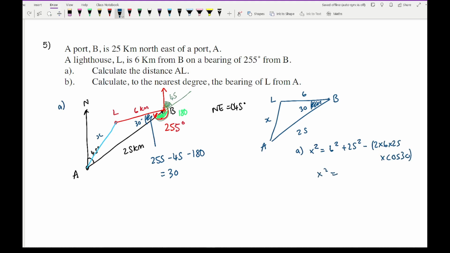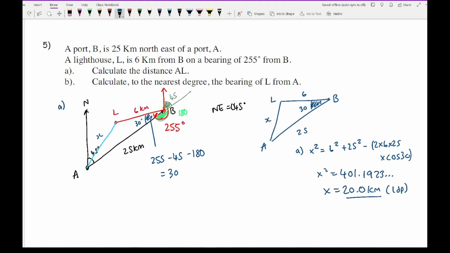So x squared equals 36 plus 25 squared minus 2 times 6 times 25 times cos 30, and that gives me an answer of 401.1923. And so x equals the square root of that answer, which is 20.0 kilometers to 1 decimal place.